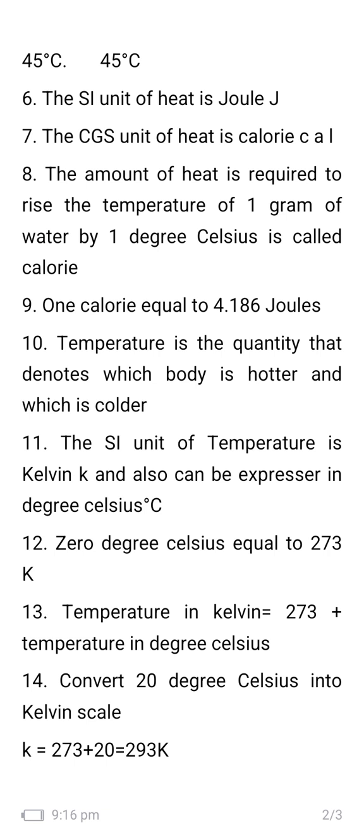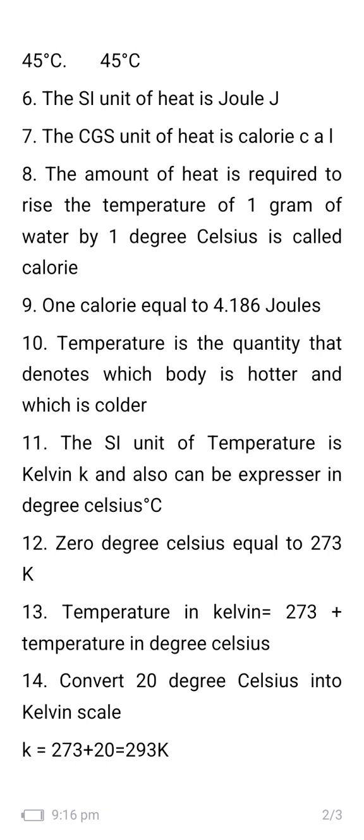Tenth one: temperature is a quantity. It denotes which is the hotter body and which is the colder body. So what is the difference between temperature and heat? Heat is a form of energy. It transfers from a high temperature body to a lower temperature body.